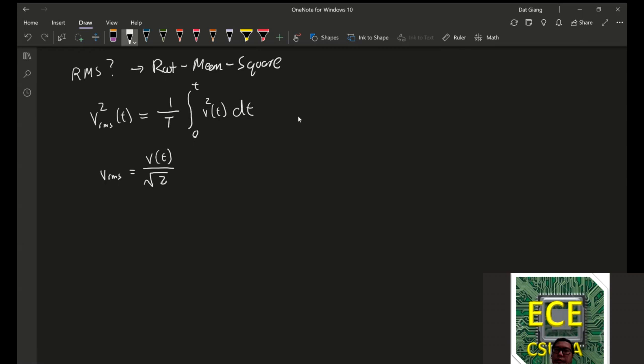Now, why would this be useful? Well, usually looking at averages isn't always helpful, because for a sinusoidal, the average doesn't tell us anything. If we take the average of this region and then the average of this region, that equates to a zero sum. So it doesn't tell us anything.